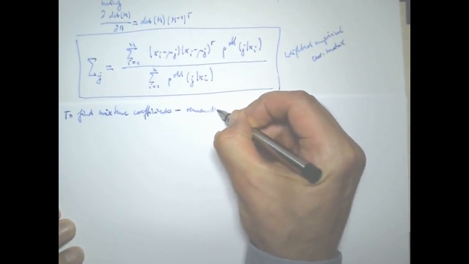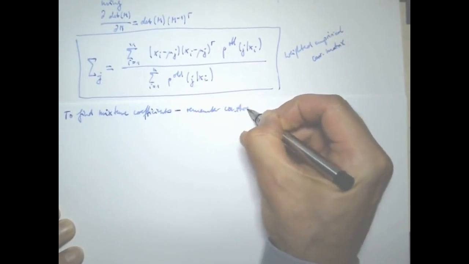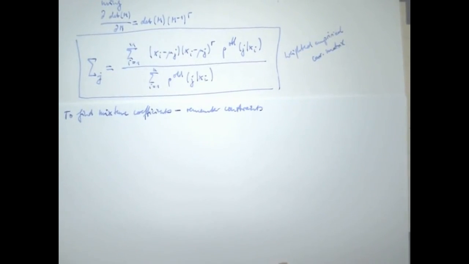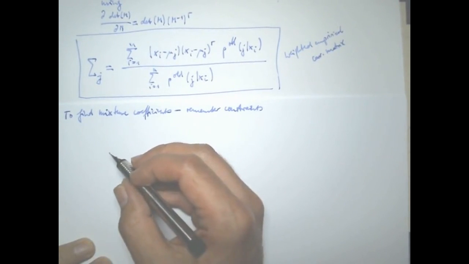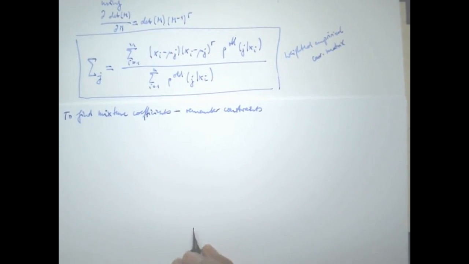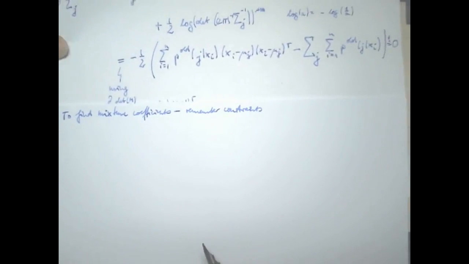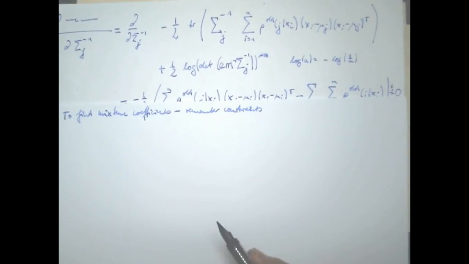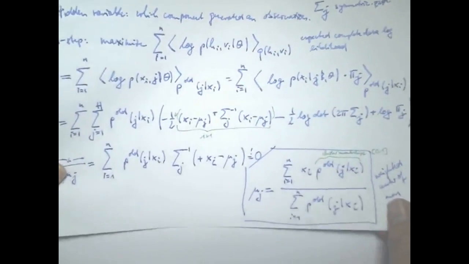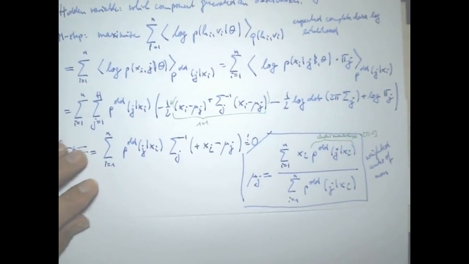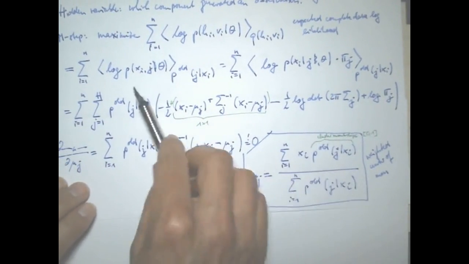We need to remember the constraints that we had. In the end, it will turn out that they vanish, but we cannot know in advance. So up here, or on the previous slide, we have all these terms that do not depend on pi j.